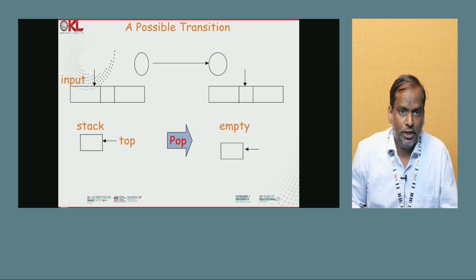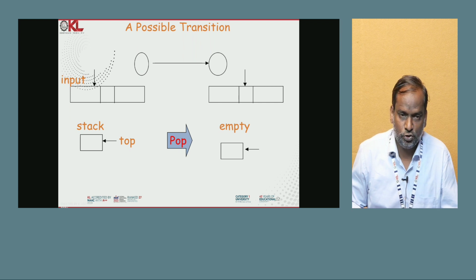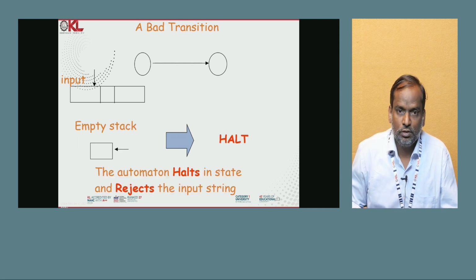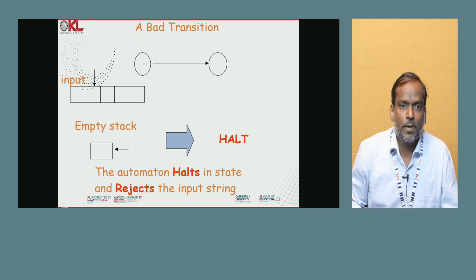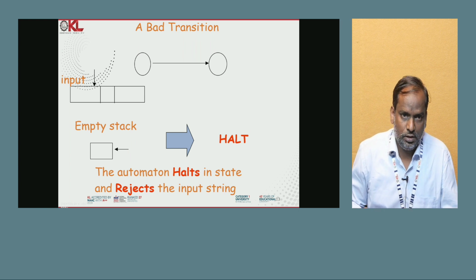Here in the input tape we store the input string, and in the stack there are stack symbols. It considers the current input symbol and the top of the stack, then it pops the stack, processes again, and inserts some stack symbols into the stack. Now, a bad transition: the input string is there and it considers the current input symbol, but if the stack is empty, that is called a bad transition.